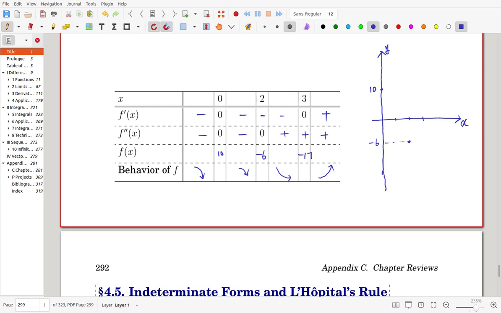We'll go down further over there. When x is less than 0, it goes down and is concave down.